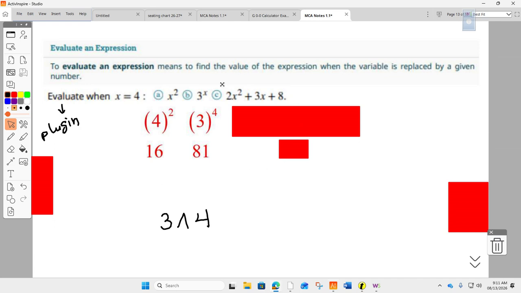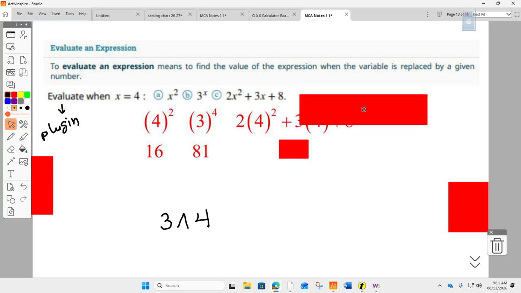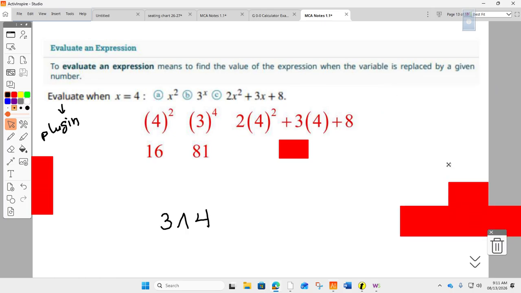Now 2 times x squared plus 3 times x plus 8. So this one has more than one x. Everywhere there's an x, you replace it with a 4. If you're evaluating, it's okay, you don't have to show me all your order of operations steps. You can just enter this left to right on your calculator.